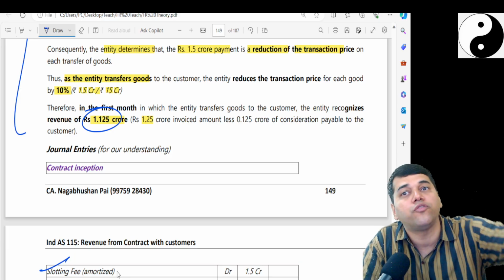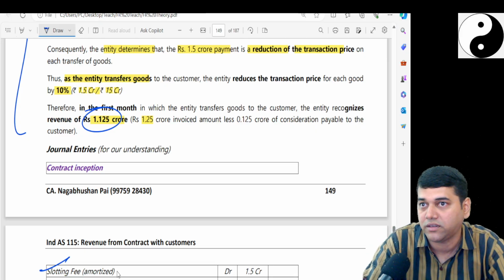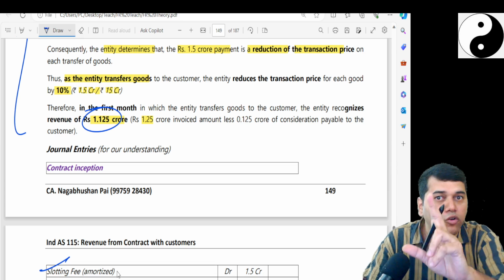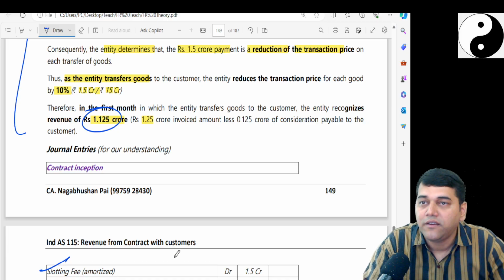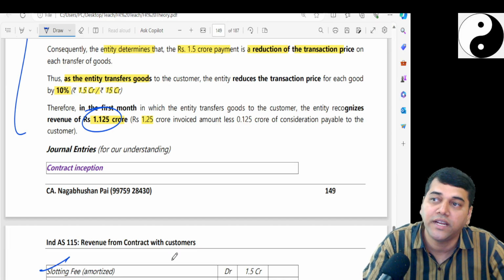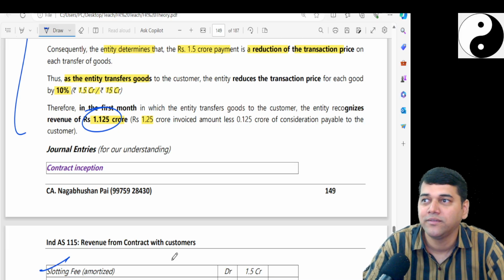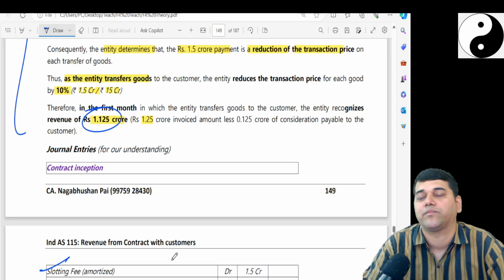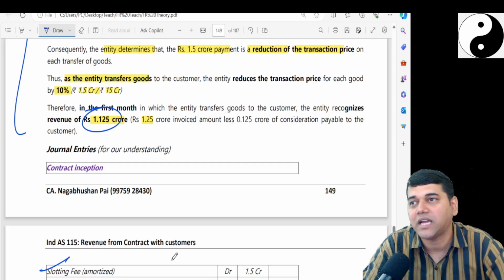This contract is going to go for 1 year or 2 years, because I don't know how many years 15 crores is going to take, as one contract is for 15 crores. Understood? And then in the first month when I sold 1.25 worth of goods, what accounting entry will I pass? First thing, customer account debit to revenue. How much will I debit to the customer?